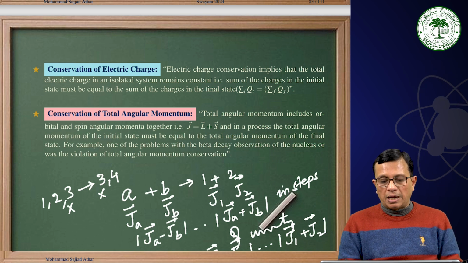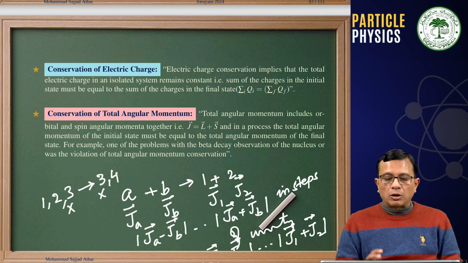We will take more examples of this angular momentum conservation while discussing isospin algebra, because the isotopic spin algebra was developed in parallel to the angular momentum algebra.